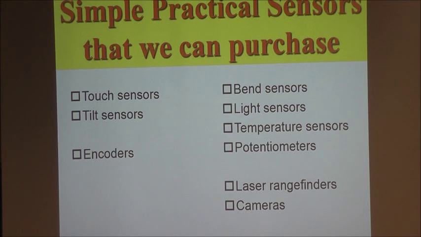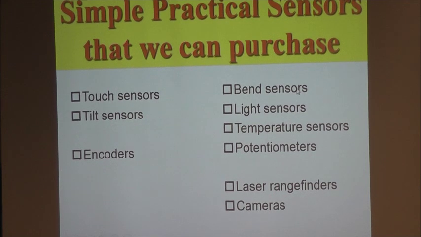It's very difficult to measure its location because you have strain gauges and many other things you have to attach to it. So it would be good to know when a link is being bent or not, so you could have sensors for it. Most likely bend sensors are strain gauges which you can put at different distances on a flexible joint. Or light sensors, temperature sensors, potentiometers, laser rangefinders, and cameras.